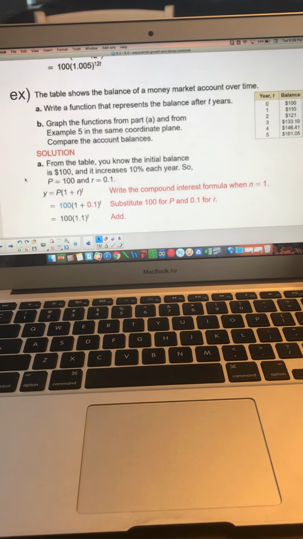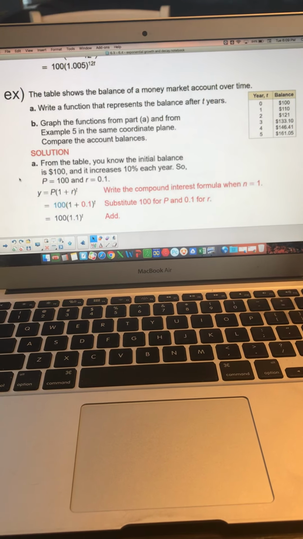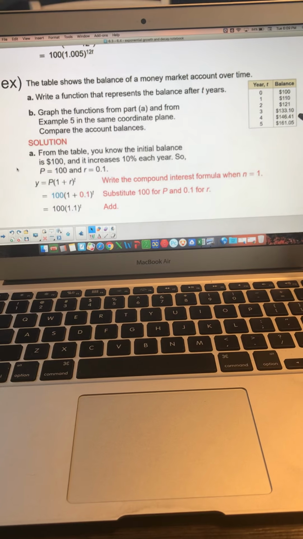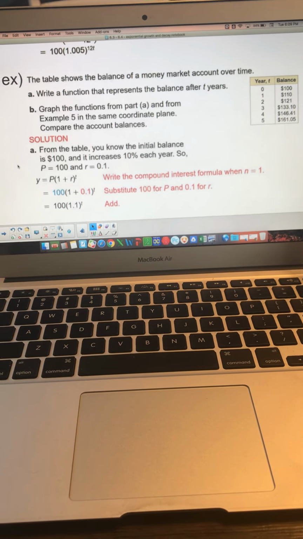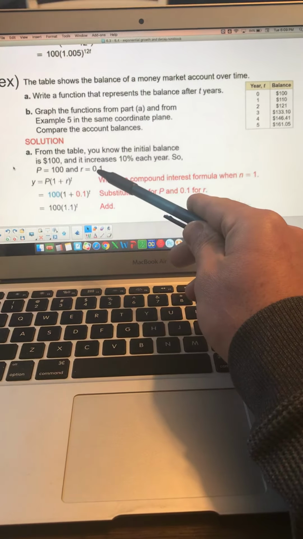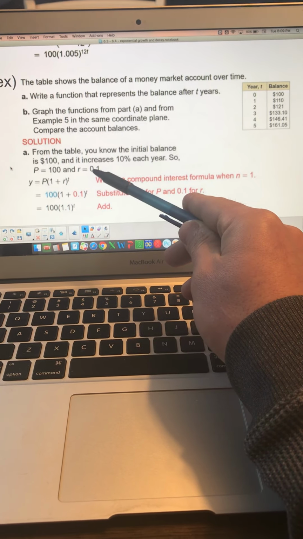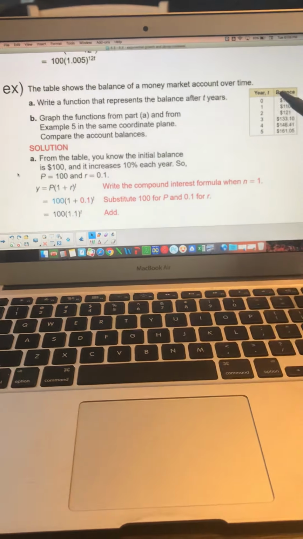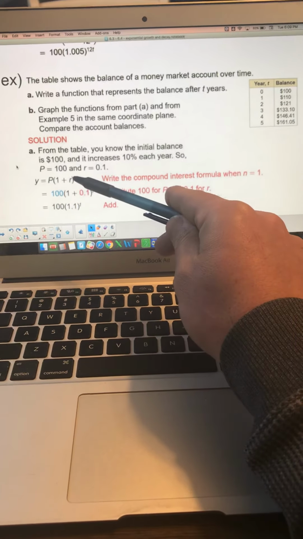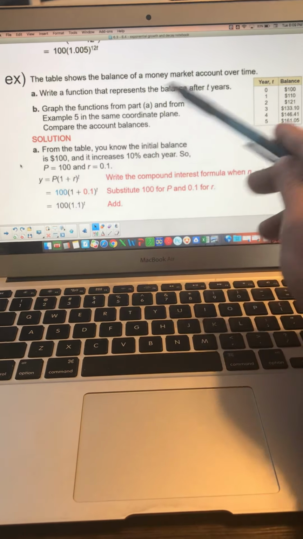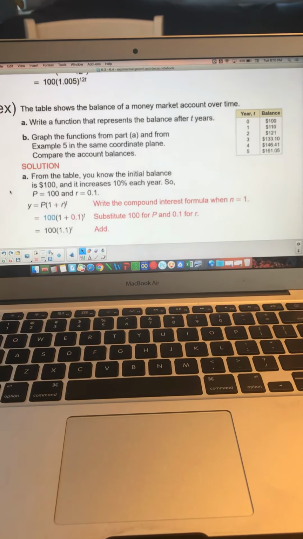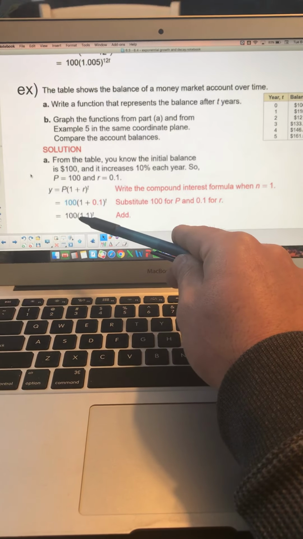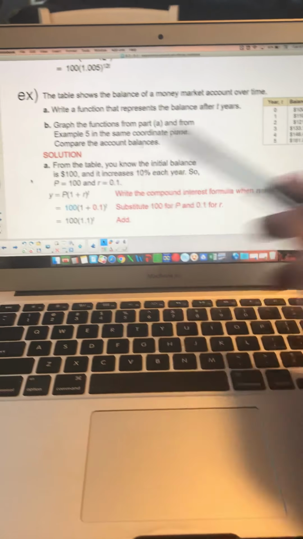If we tried to figure out the pattern, we would notice that it is being multiplied by a certain number. That number happens to be 0.01. T, we don't know the years. If we simplify inside there, 1 plus 0.01, boom, we get what's there.